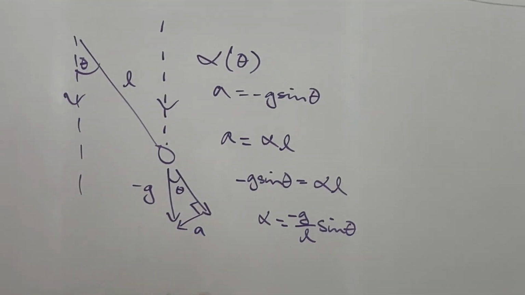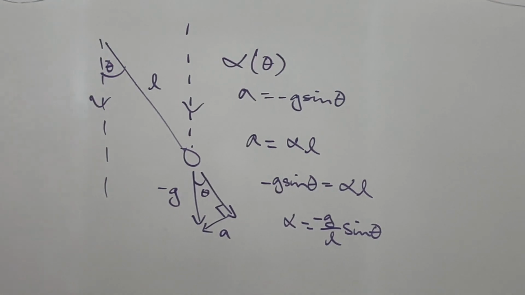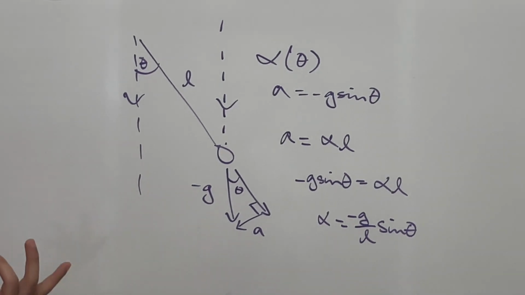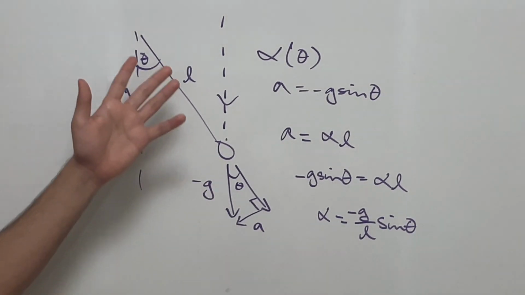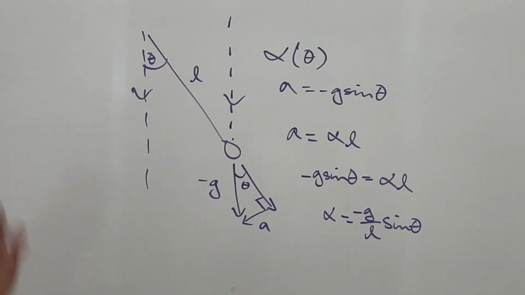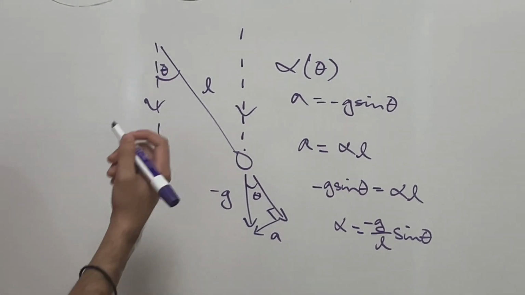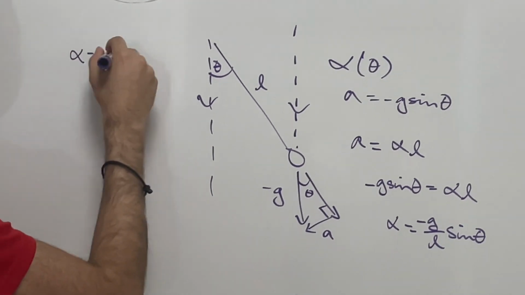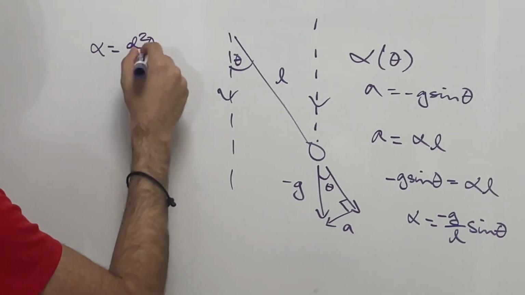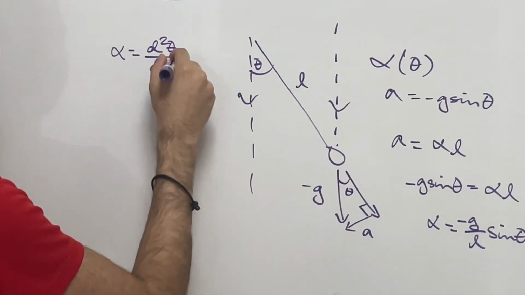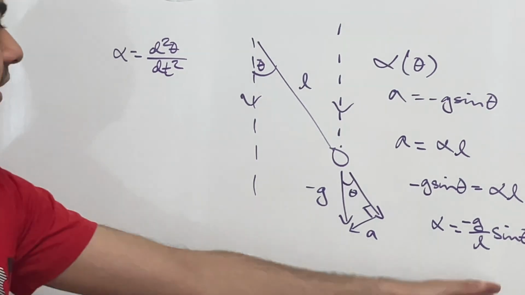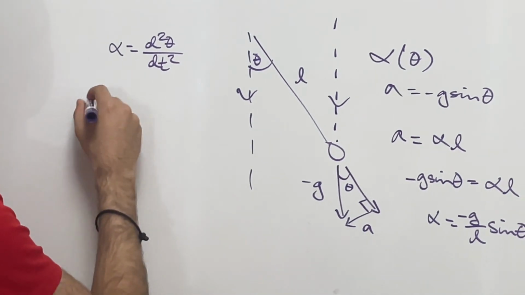I'll show you why. Because angular acceleration is the second derivative of angular position with respect to time. So we could say that alpha is equal to the second derivative of theta. Then we can set this equal to this, and we get a nice differential equation.